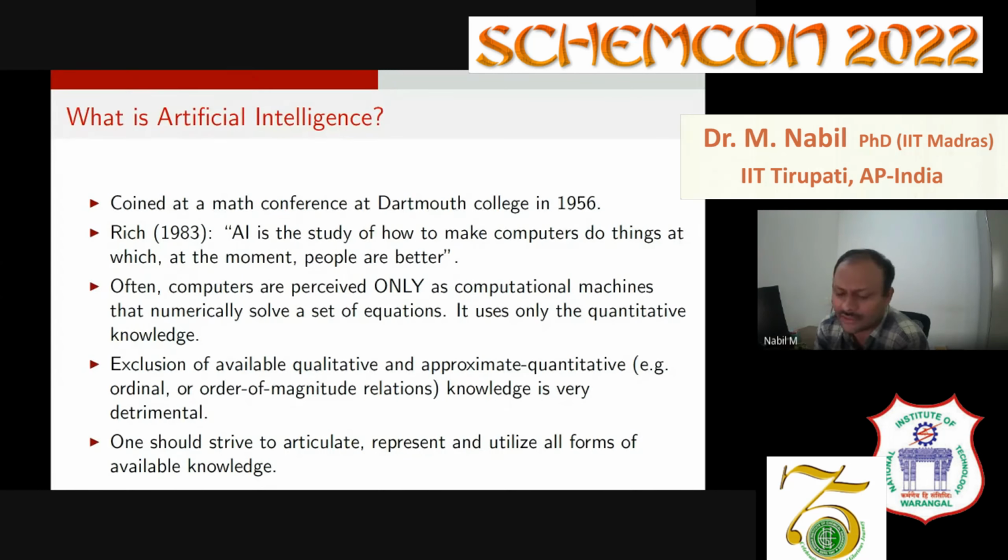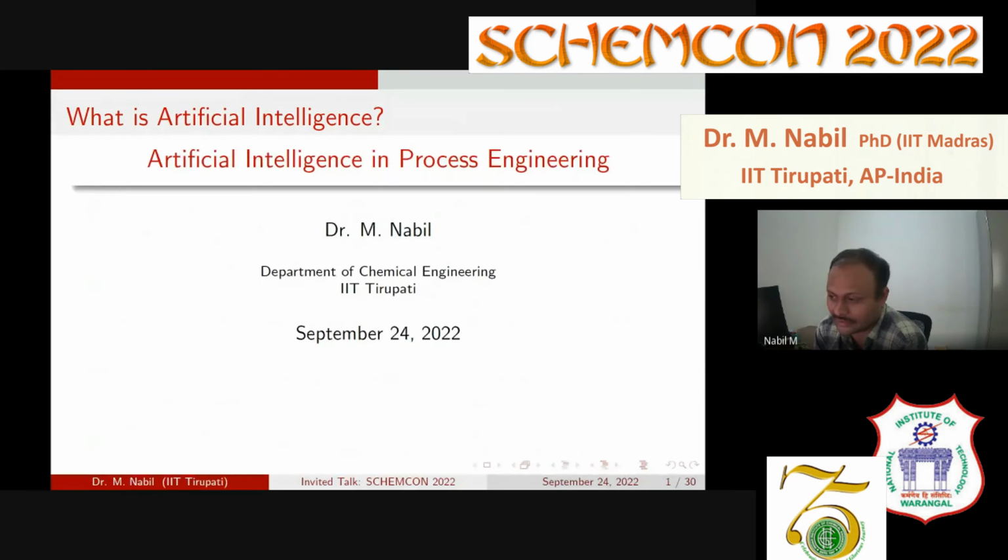Therefore, avoiding such knowledge is often detrimental in order to outperform human actions. So the goal is to articulate, represent, and utilize all forms of available knowledge so that you can outperform human tasks.